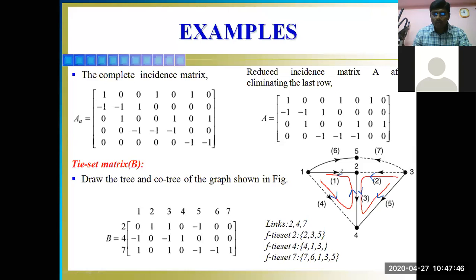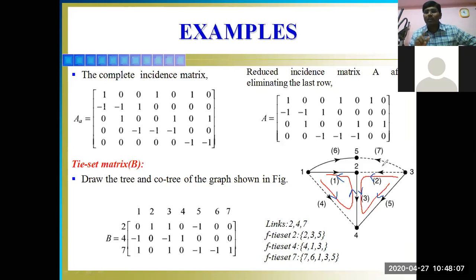But now it is somewhat difficult to identify a loop with link 7. Suppose you close the loop here: this loop comprises 2 links, so it will not become a fundamental loop.